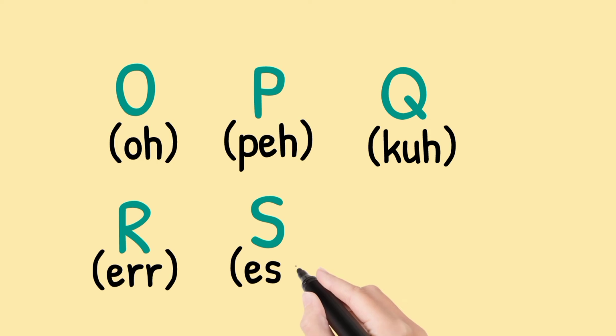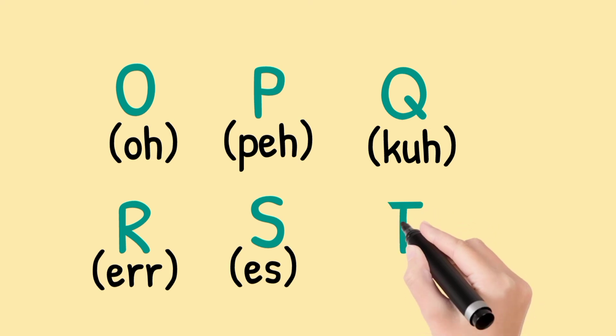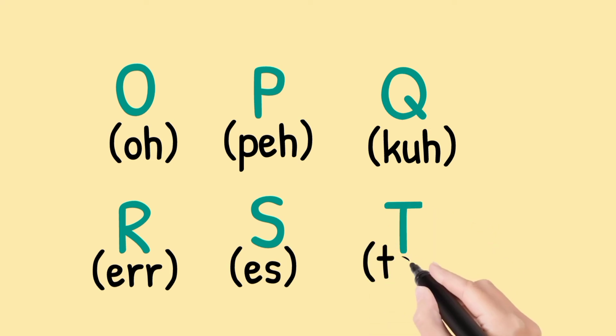Next one is S. It's the same as English S. Do one thing: pause this video and watch it again, then you will have an idea of the pronunciation of the other letters also.